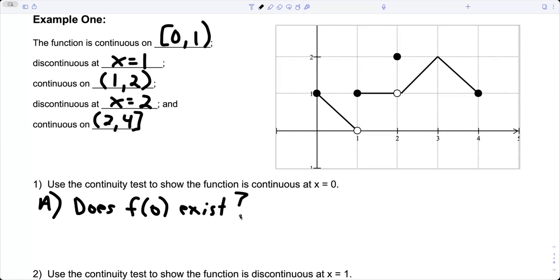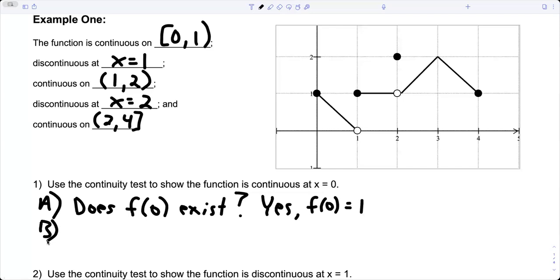And the answer to that would be yes. f of 0 is equal to 1. Part B. Okay, and so this one's a little different because it's an endpoint.